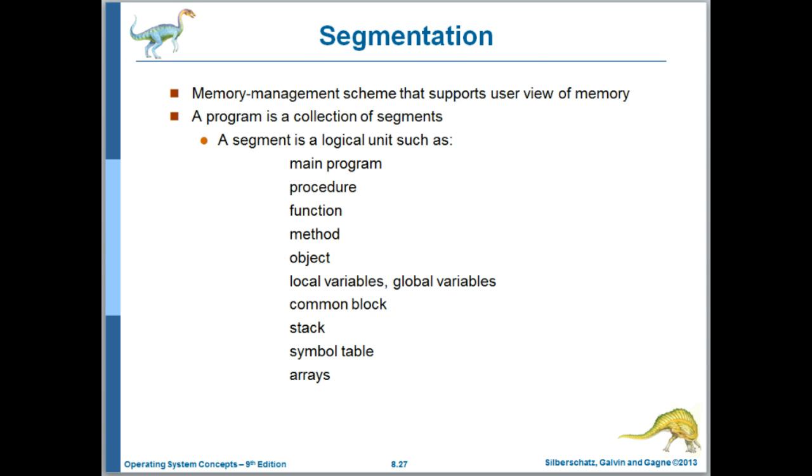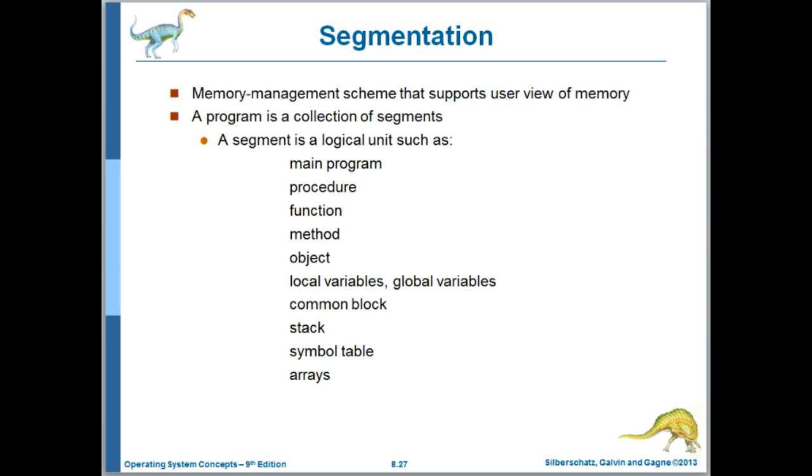So segmentation is a way of splitting a contiguously allocated partition for a process into the pieces that a user thinks of. So traditionally, we have the 4 segments of a process: the program segment, the stack segment, the data segment, and the heap segment.